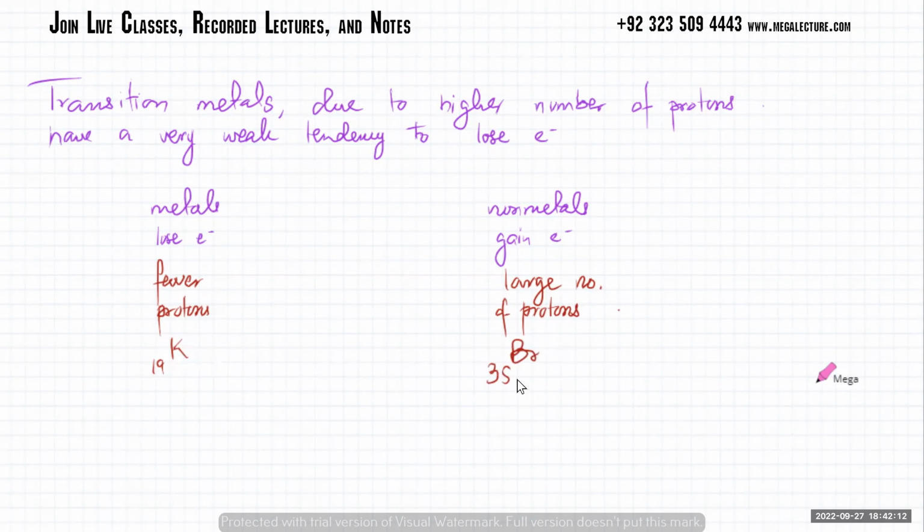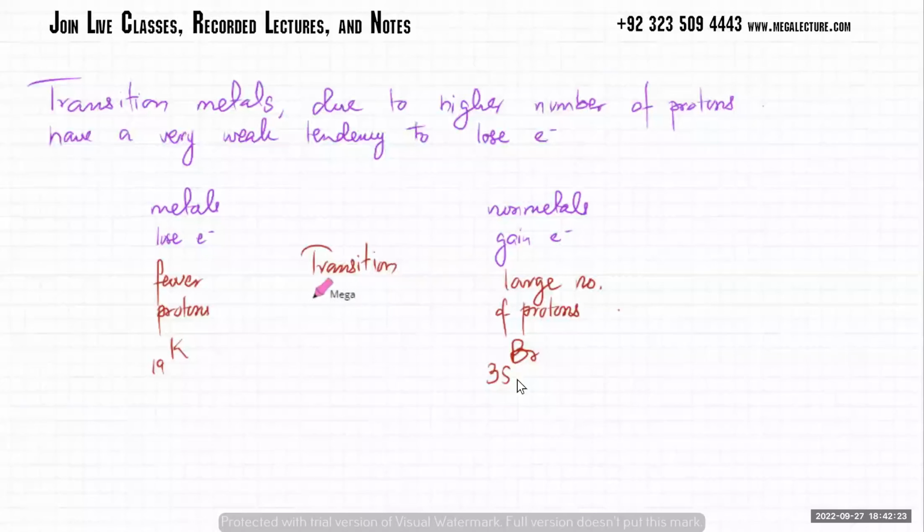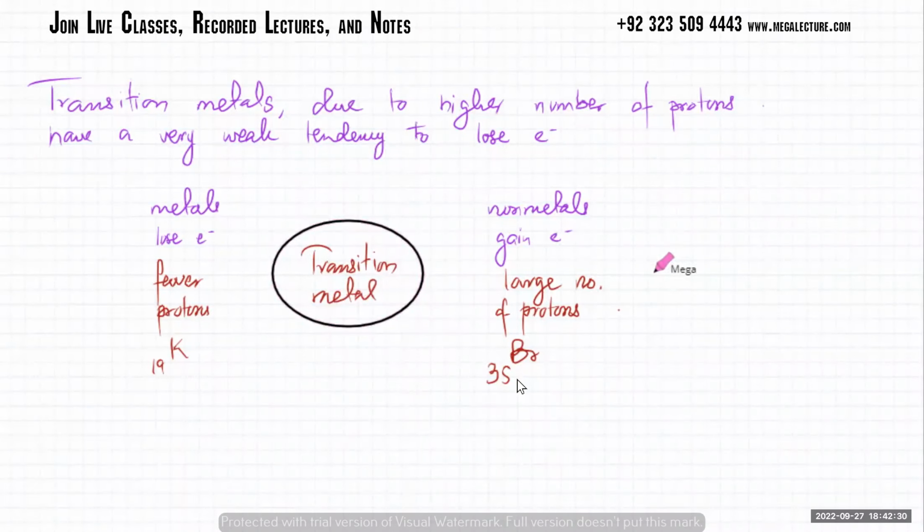Now the transition metal is somewhere in the middle between a metal and a non-metal. Although we call them transition metals, they're right in the middle. That's why they use the word transition, because you're transitioning from a metal to a non-metal. Look at iron over here. Iron has 26 protons. So it's kind of in the middle.